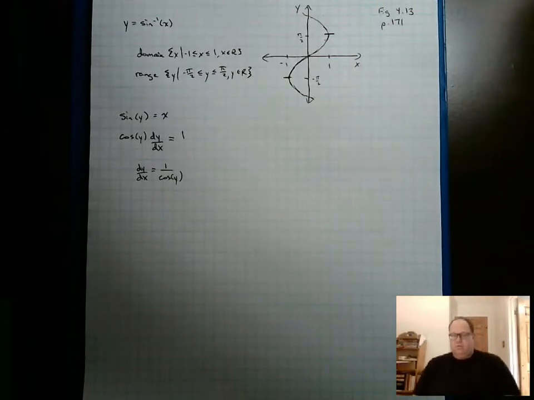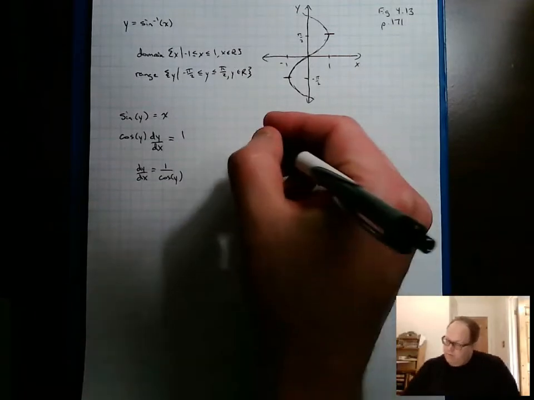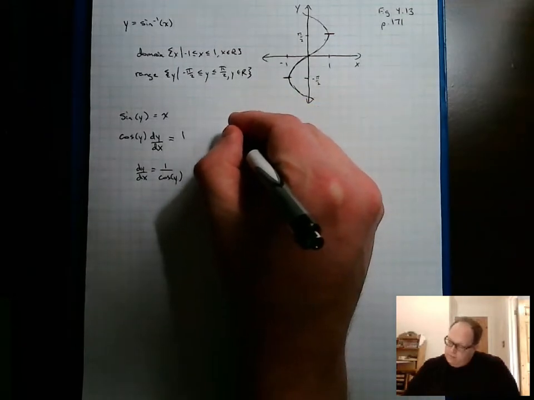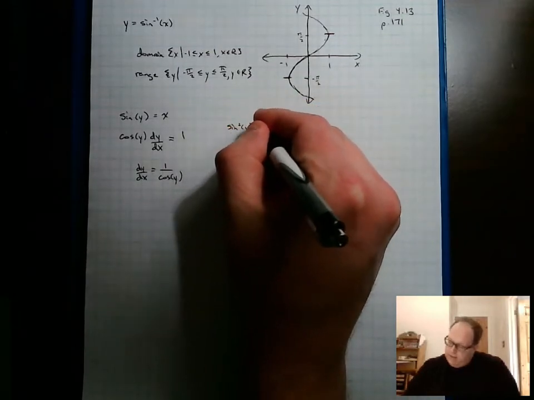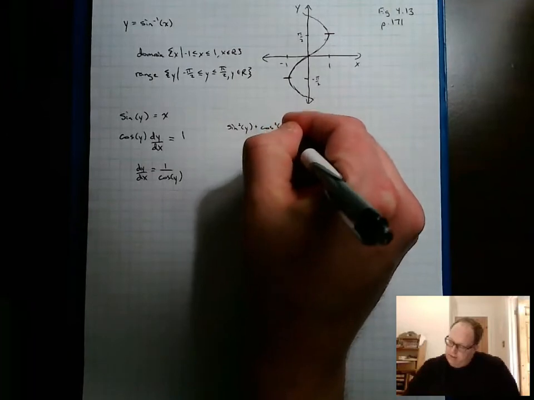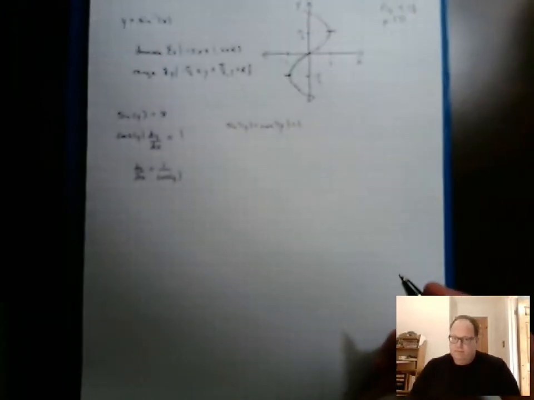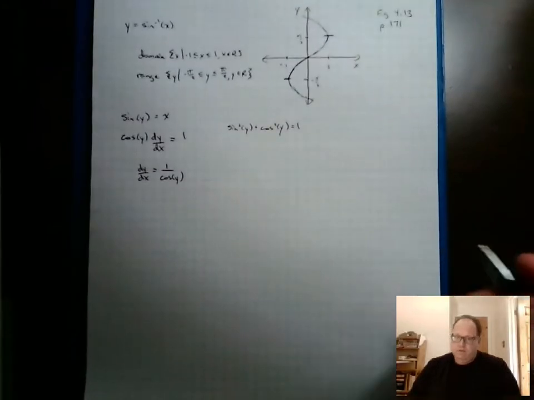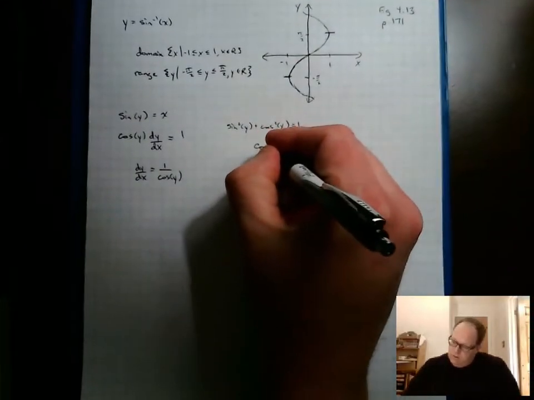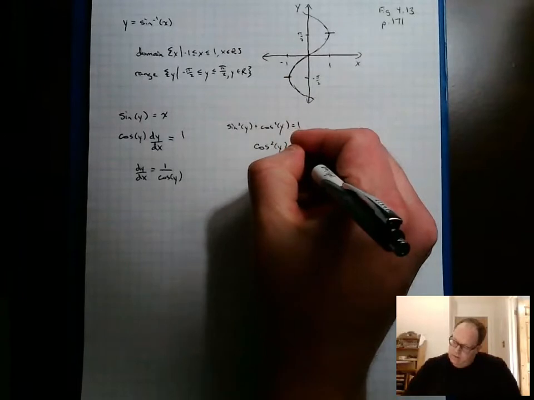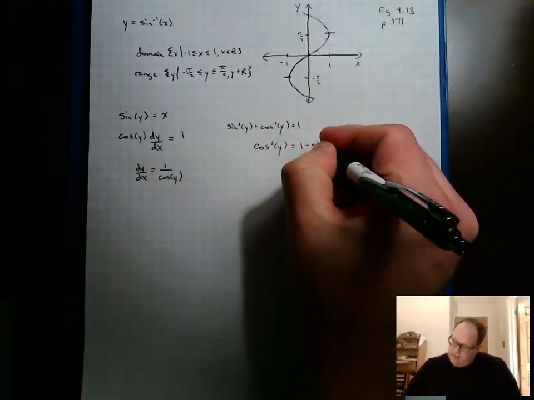Now, this doesn't turn out to be the most helpful way to think about this, so we can rearrange this with Pythagoras' theorem for trigonometry. If I have sine squared of y plus the cos squared of y, what I have is actually equal to 1. So, cos squared y should equal 1 minus sine squared y.